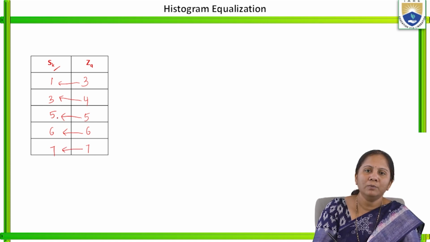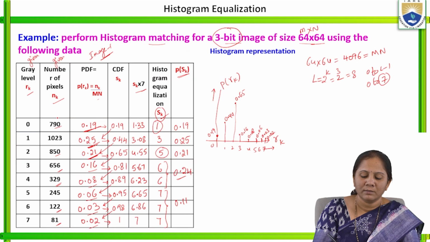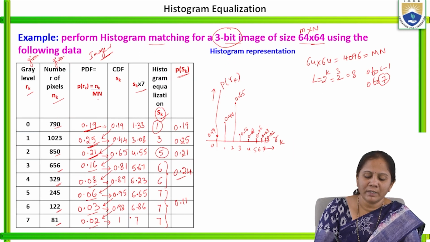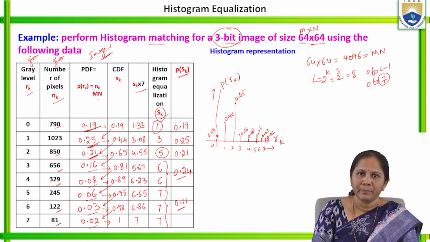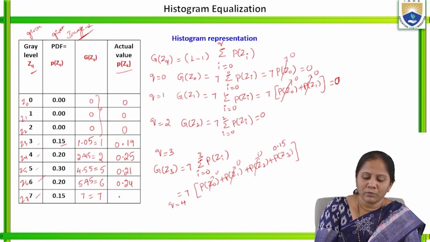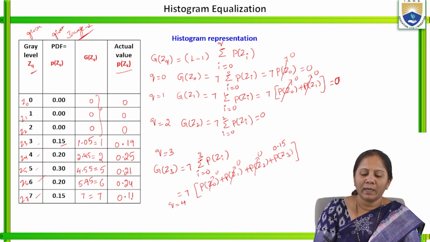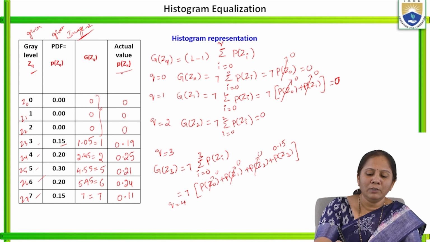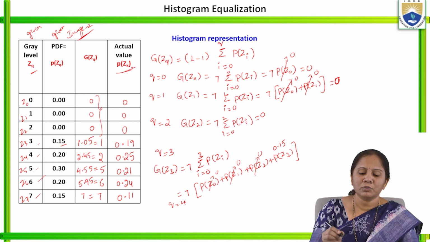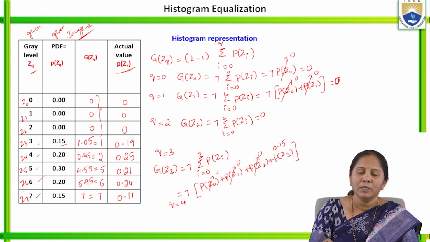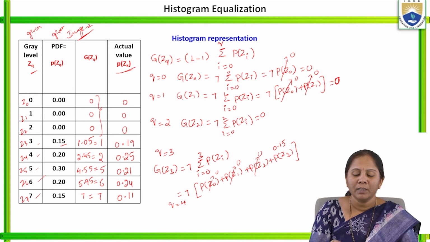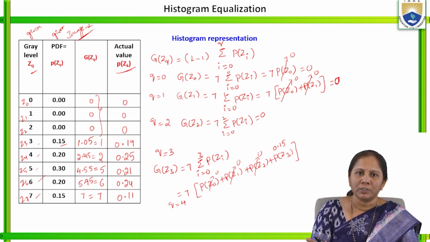So when SK value is 7, we have got these three values. We have to take the sum of these three, which is equal to 0.11. So here we have to fill with 0.11. So like this we have to calculate all the values of P of Zk, which is called actual value. So in this way we have to perform histogram matching.